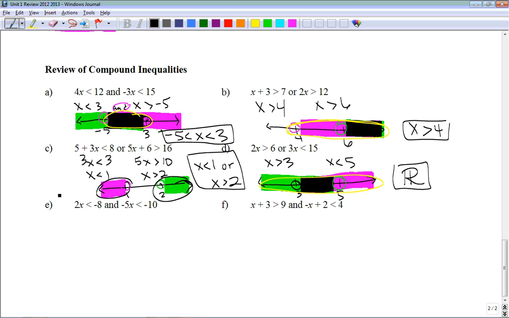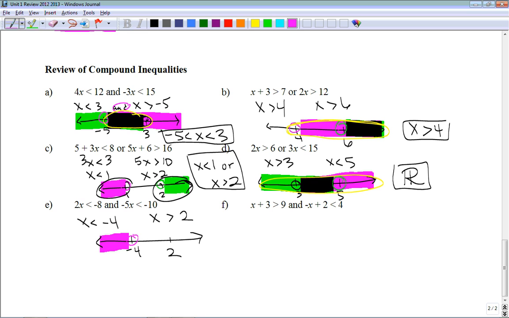Looking at E, divided by 2, you get x is less than -4. Divided by -5, you got to switch the sign. We get x is greater than 2. Drawing our number line, -4 is smaller than 2. So we have x is less than -4, so an open circle there because it's not equal to. Got less than -4.